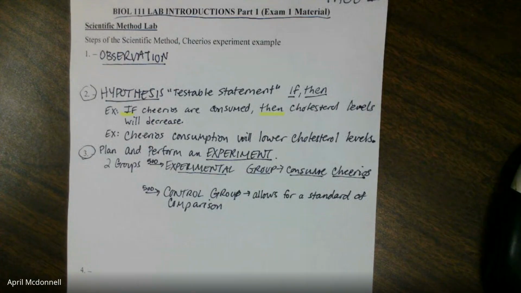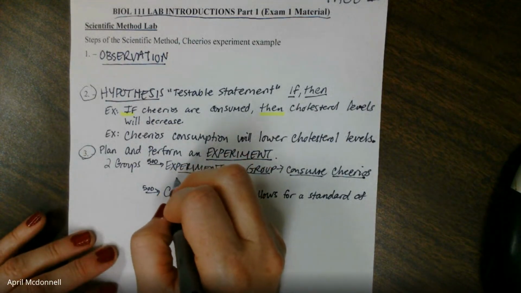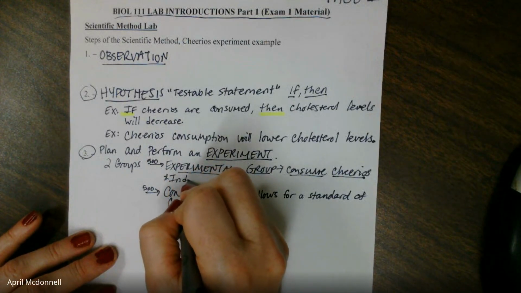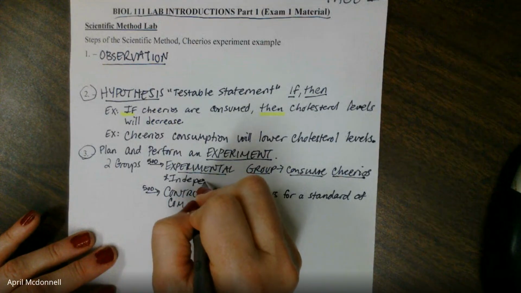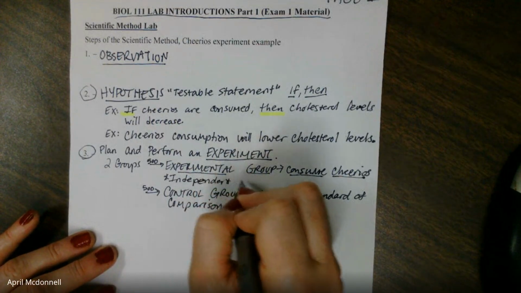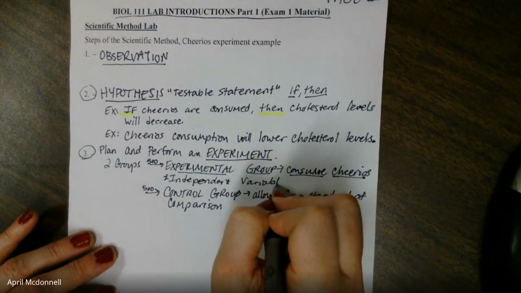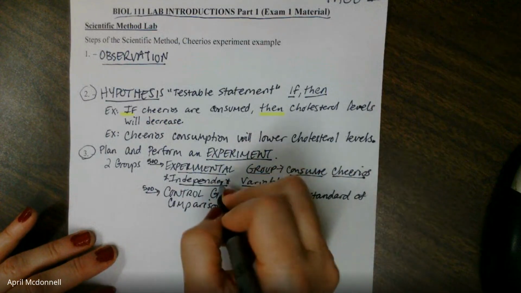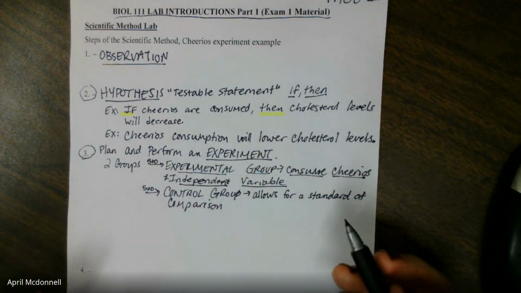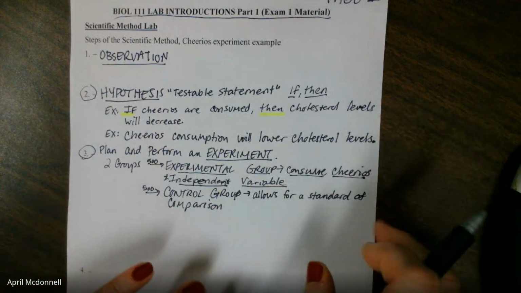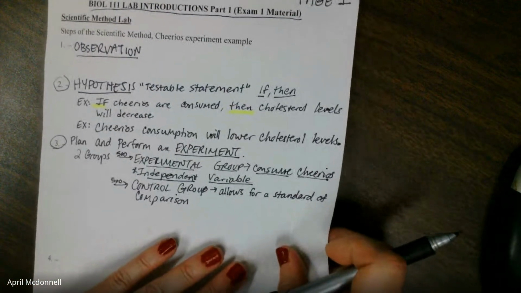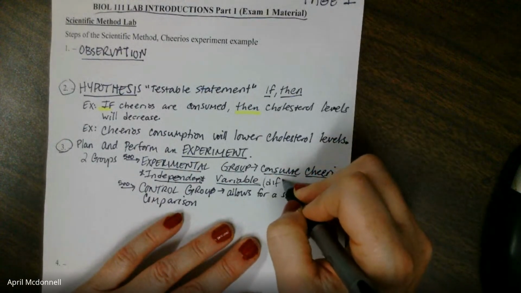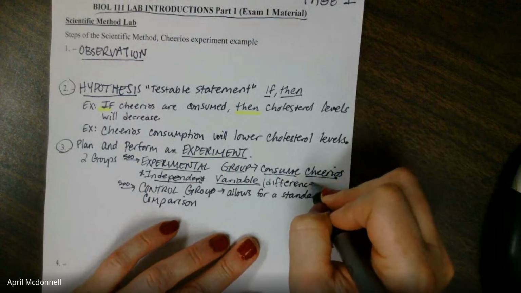The difference between the two groups is called the independent variable. So the independent variable is basically the difference between the two groups.